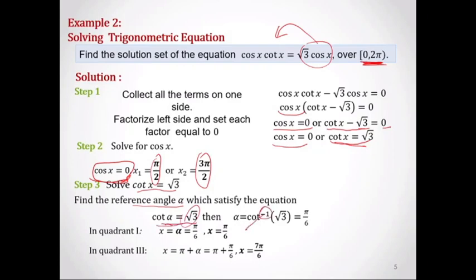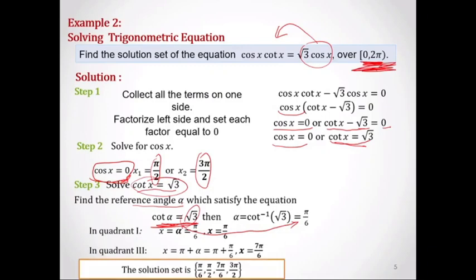Don't pay attention to the minus issue. I'm looking for an acute angle satisfying it, and it will be pi over 6. So the only question here is, from 0 to 2 pi, x should be in which quadrants?